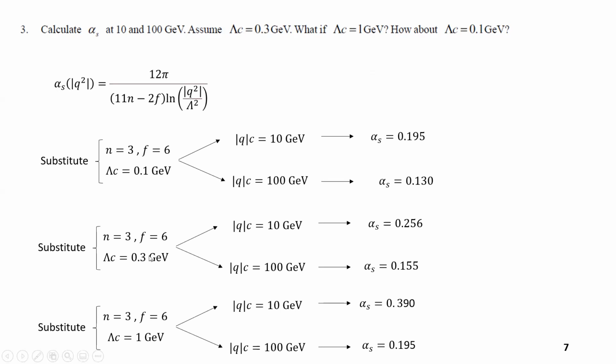So we can just substitute these values. Experimentally, lambda QCD is about 100 MeV to 300 MeV, in this range.